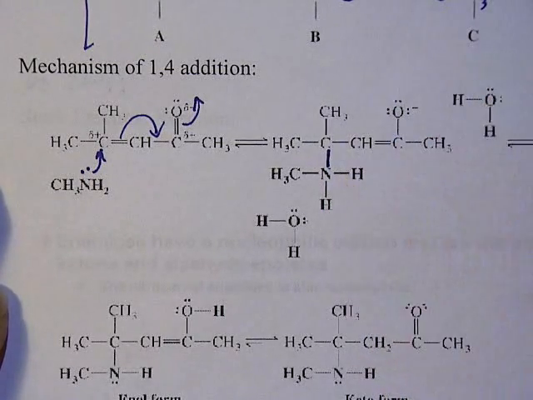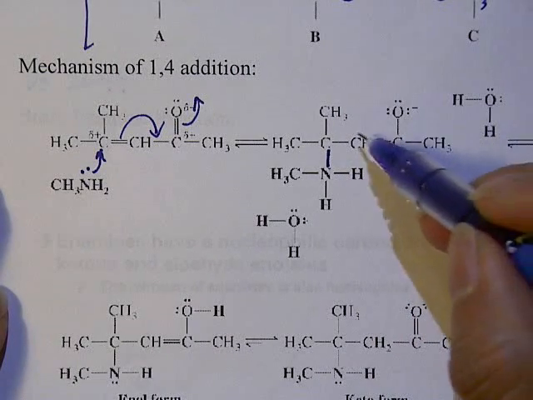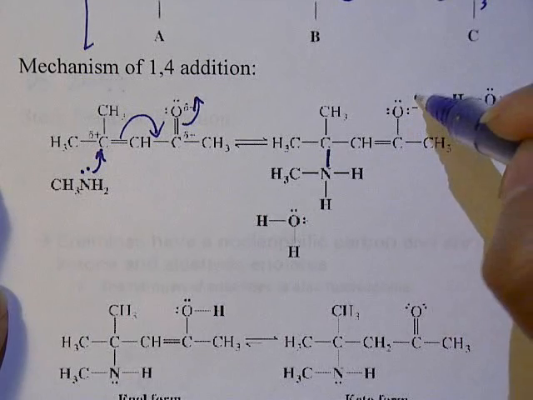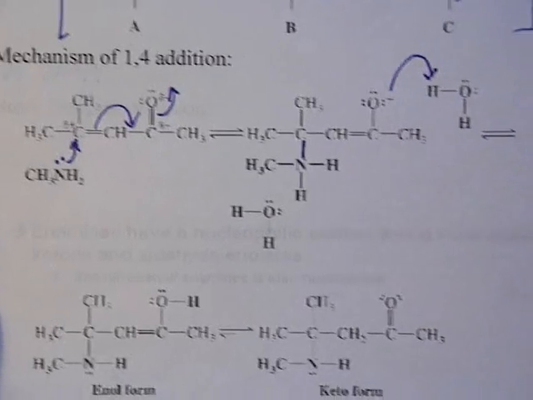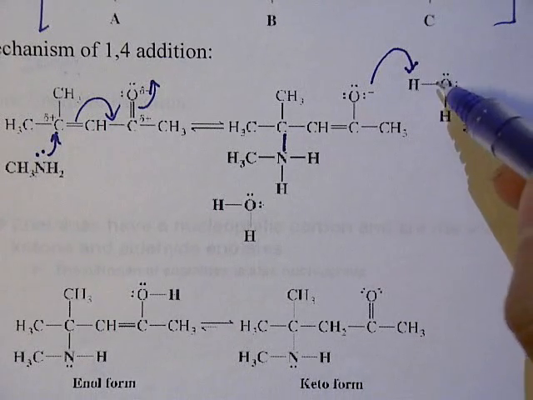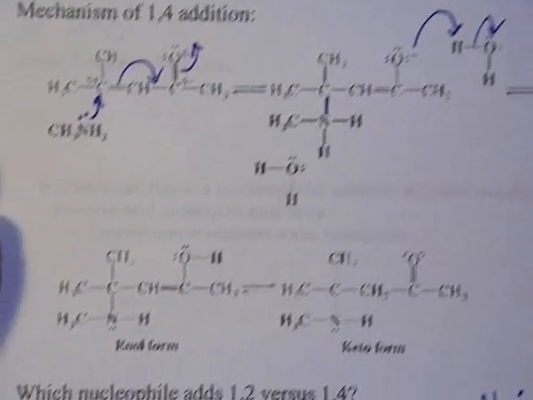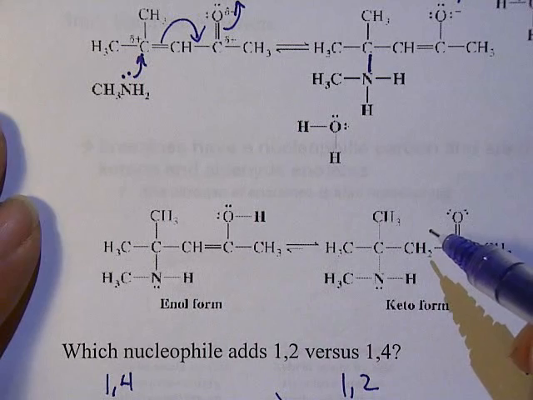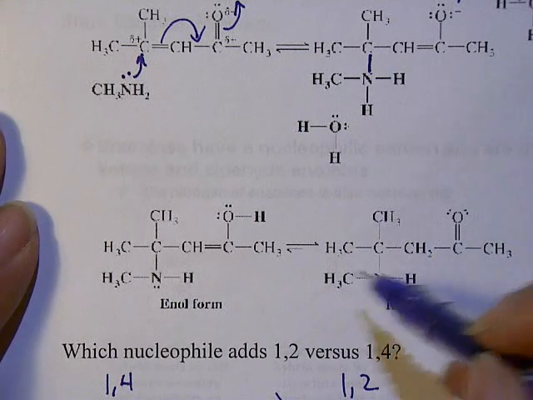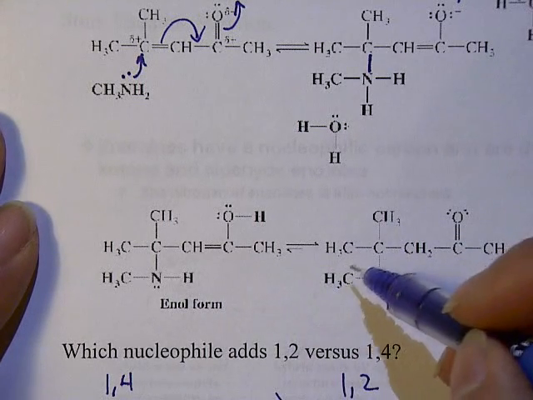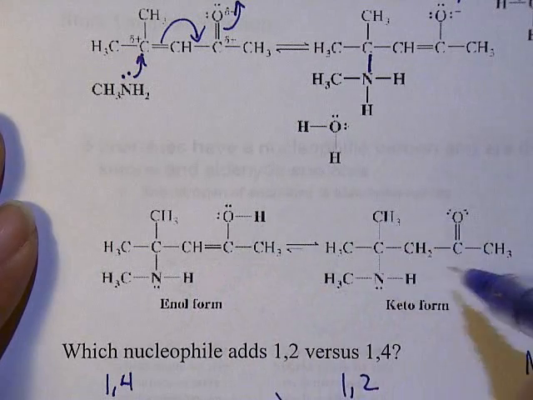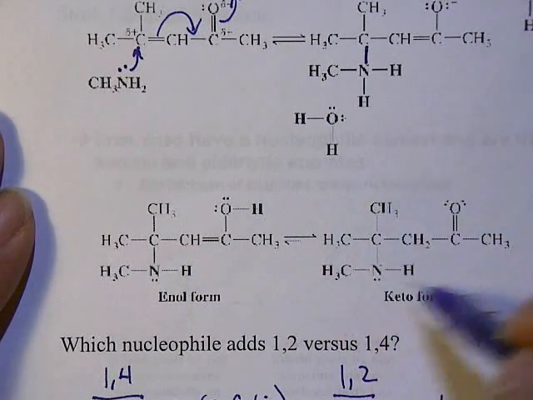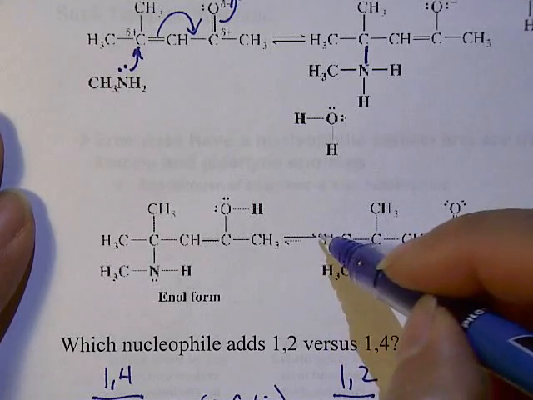That's the bond that you make, and notice this is like an enol version, especially after it gets protons. So here's the enol form after the nucleophile attacked, and then the keto form, which is a tautomer of this, will coexist, and in this case this is the more stable form, so that's why the equilibrium lies to the right.